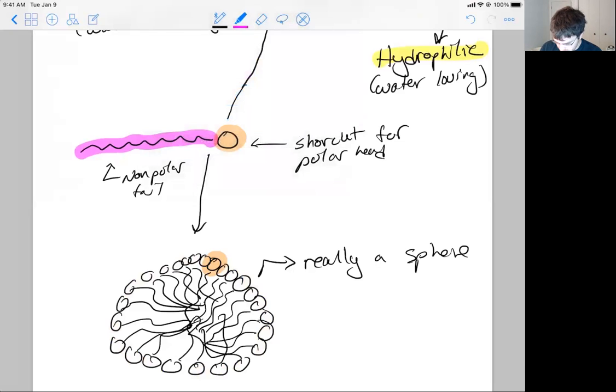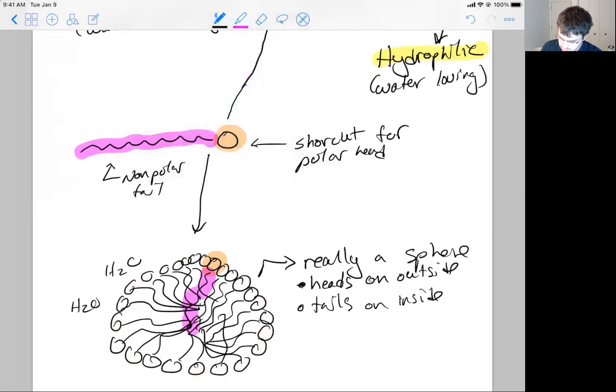First of all, it's really a sphere. Second of all, the tails, which I should highlight one as being purple if I'm going to highlight one head. It has heads on the outside and tails on the inside of the sphere. And the outside of the sphere is interacting with water molecules. And this has a special name.